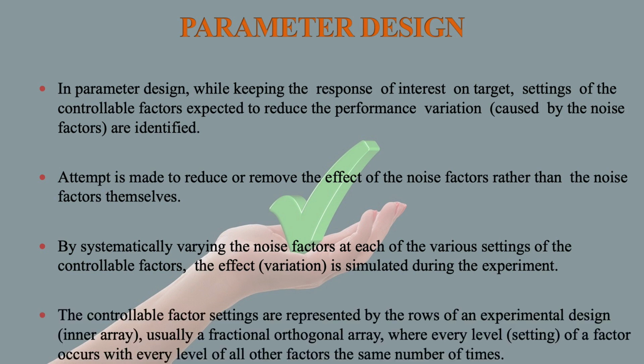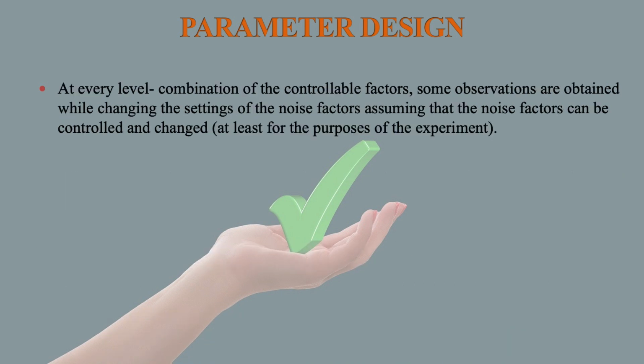The controllable factor settings are represented by the rows of an experimental design, the inner array, usually a fractional orthogonal array where every level of the factor occurs with every level of all the other factors the same number of times. At every level combination of the controllable factors, some observations are obtained while changing the settings of the noise factors, assuming that the noise factors can be controlled and changed at least for the purpose of the experimentation.